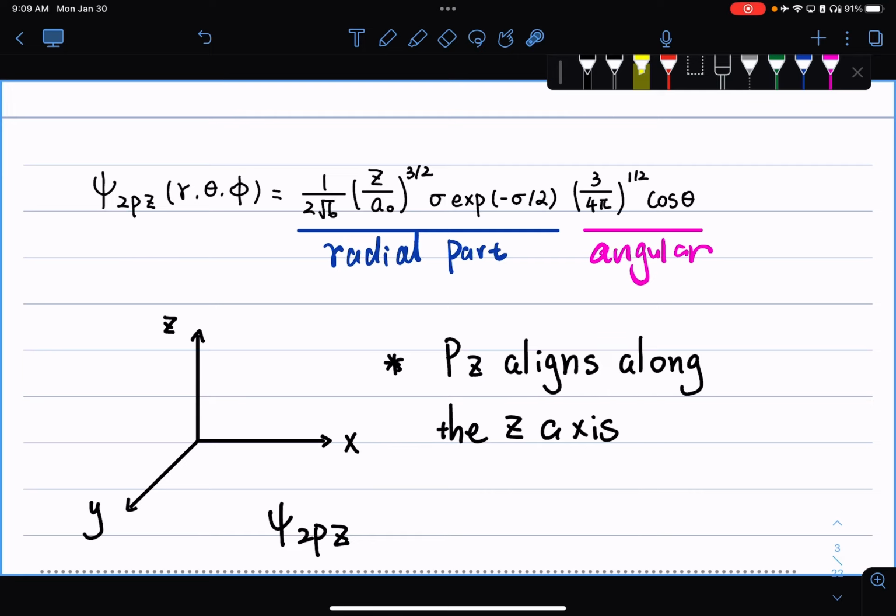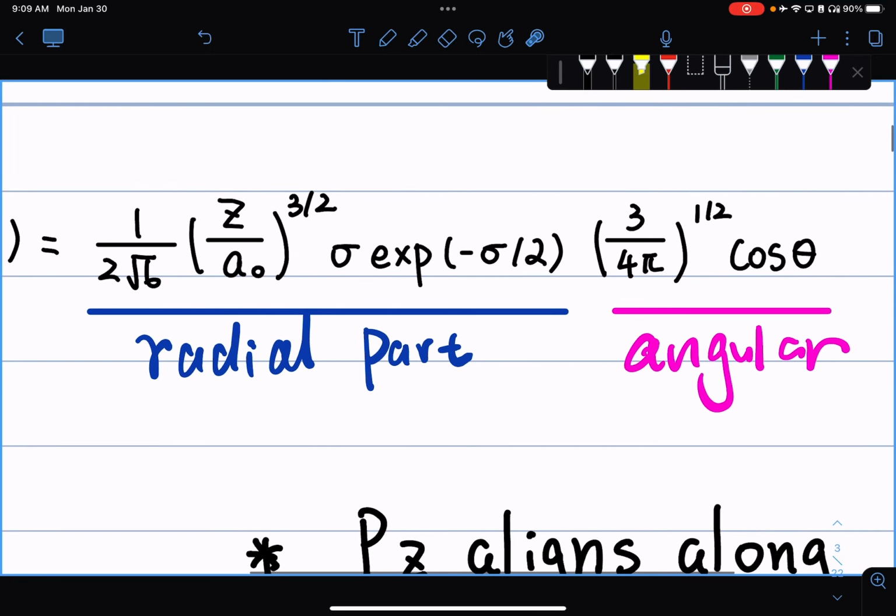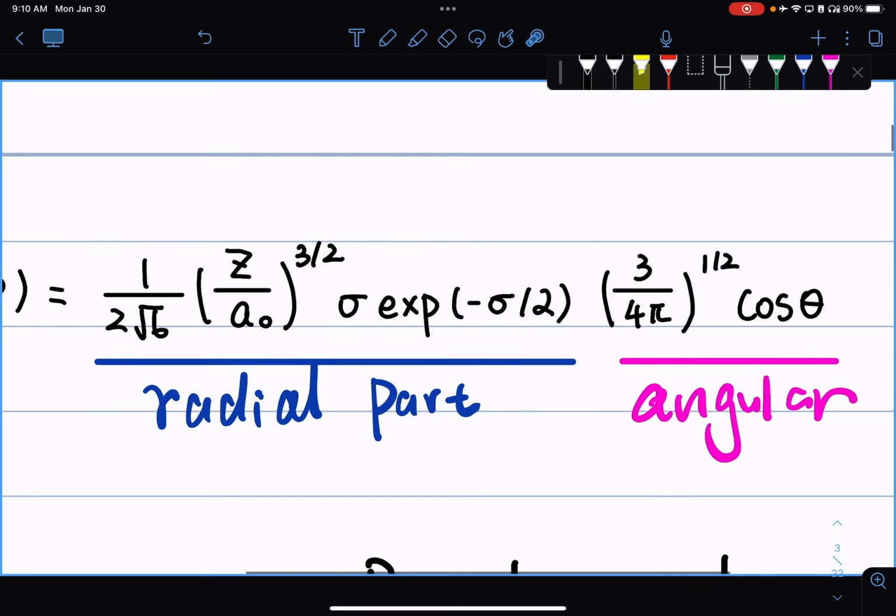If we look a little bit closer, this mathematical function looks very complicated, but can you tell me how many nodes there are in these 2 parts? You don't need to go too deep into the mathematical representation, but I do hope you can tell me whether or not there exists a node. Looking at the radial part, except when sigma equals 0, we don't really have any radial node. There is no point where your wave function is changing phase.